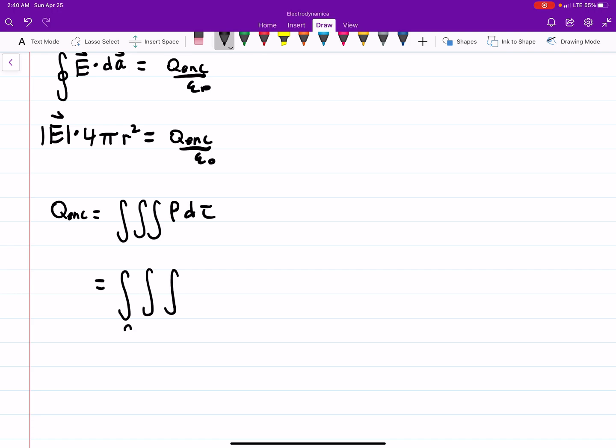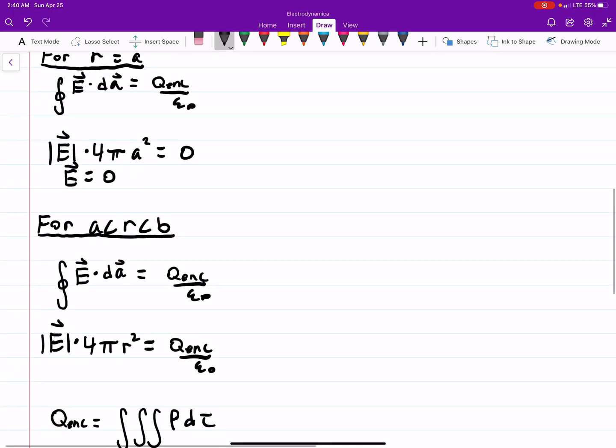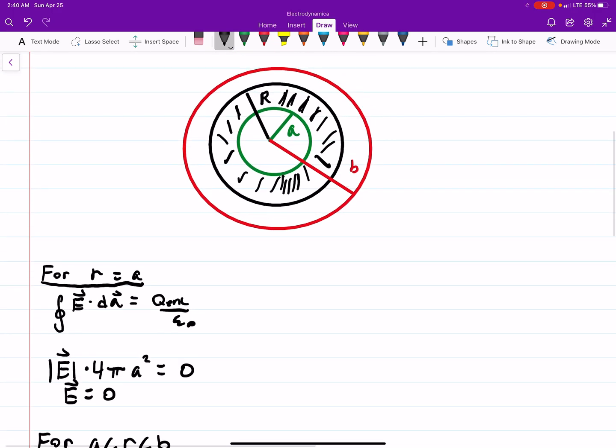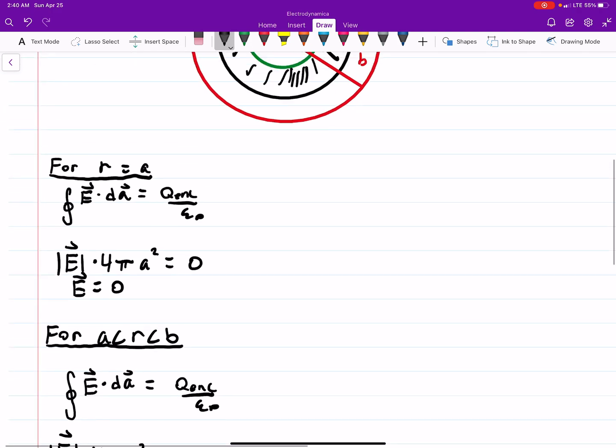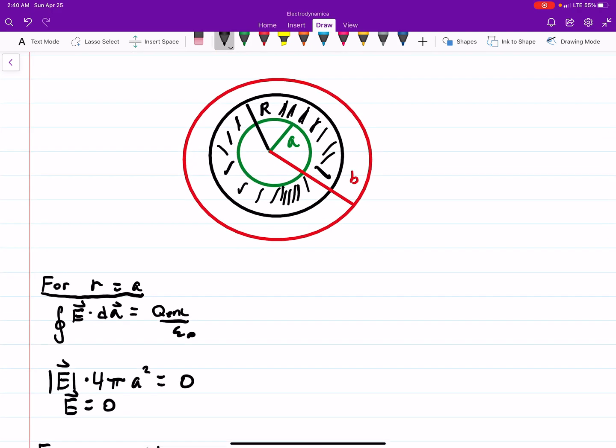So this will just be from 0 to 2 pi, 0 to pi, and then we're going to go from a to r. So not 0 to r, because that's nothing. We're only interested in that particular region, which is from a to r. So hopefully that makes sense. We're only going basically from here to here. That's like our line of integration.